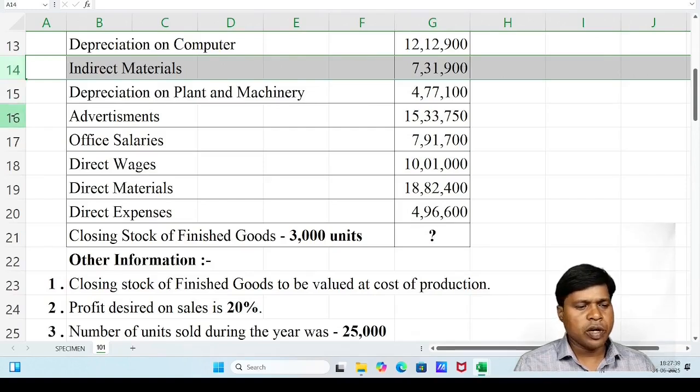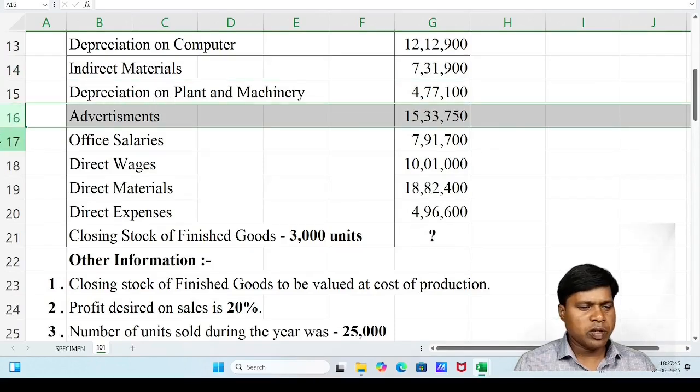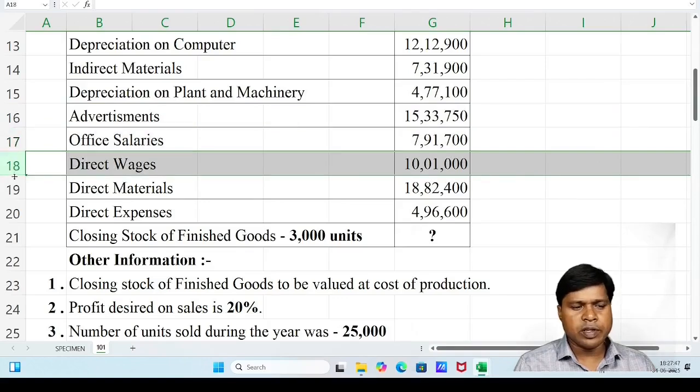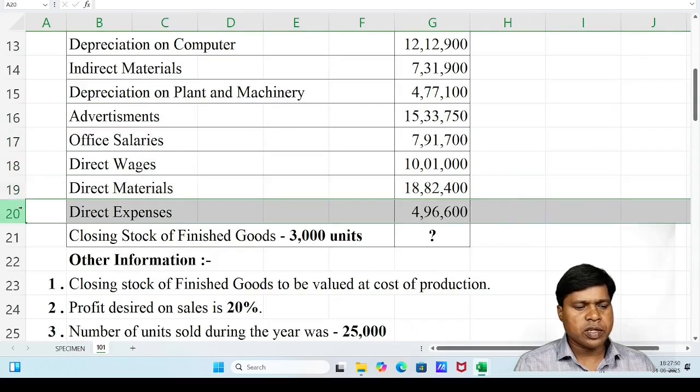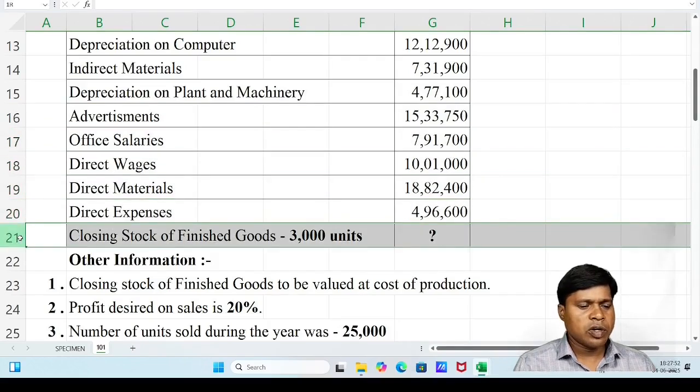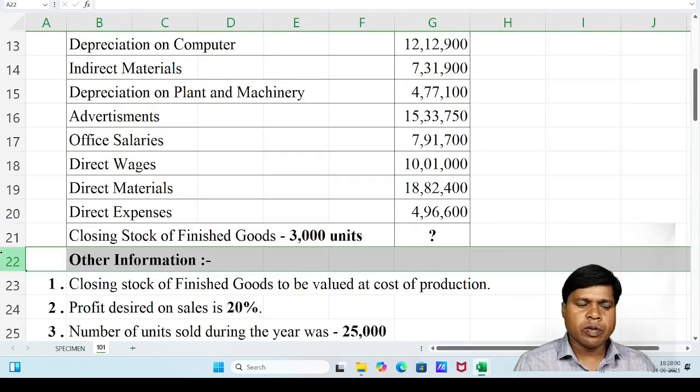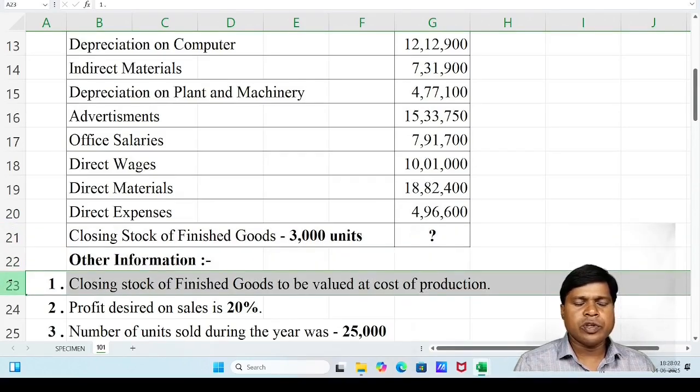and machinery, advertisement, office salaries, direct wages, direct materials, direct expenses, closing stock of finished goods, 3000 units produced in the current year. Then other information: closing stock of finished goods to be valued at cost of production.